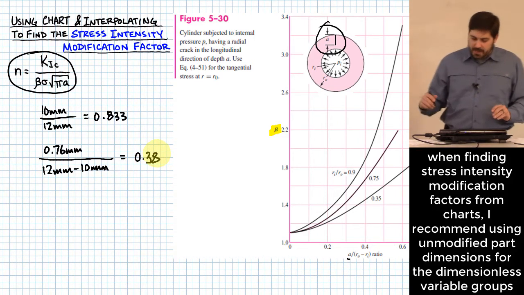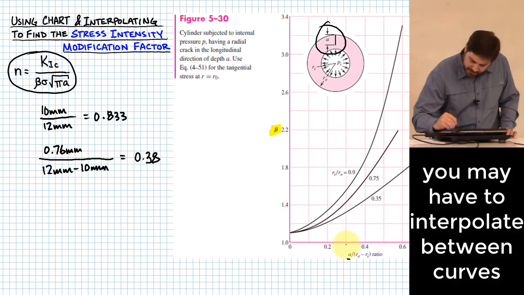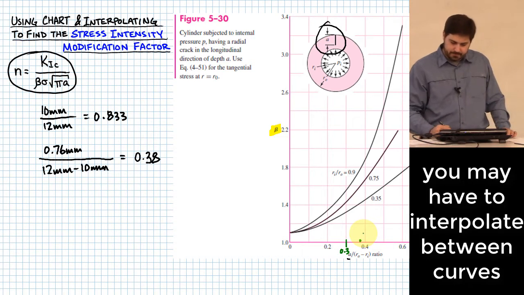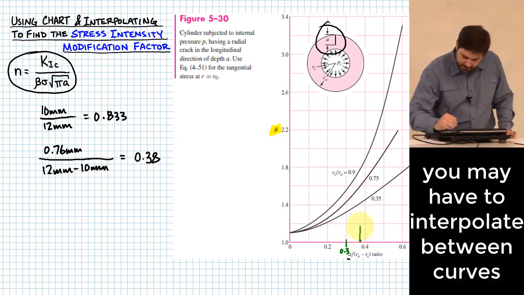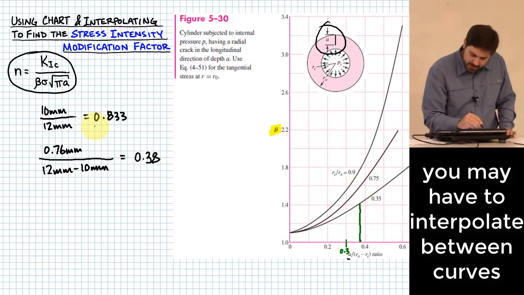Now the next step is we need to find where 0.38 is. So this is 0.3 right here. 0.38 looks like it might be somewhere in here. And if I read up from there, it just so happens that where I have this 0.833, look at that, I've got some really nicely behaved numbers, randomly.